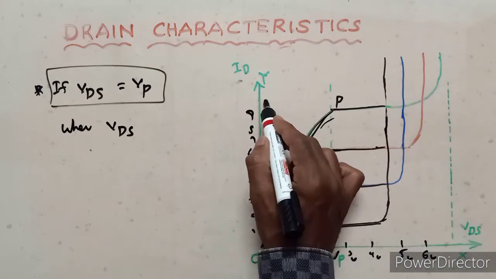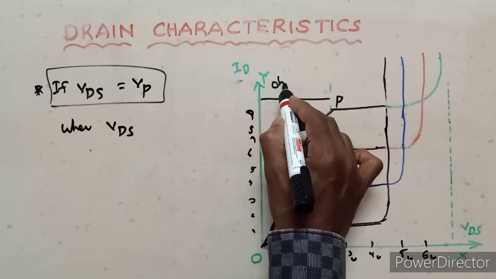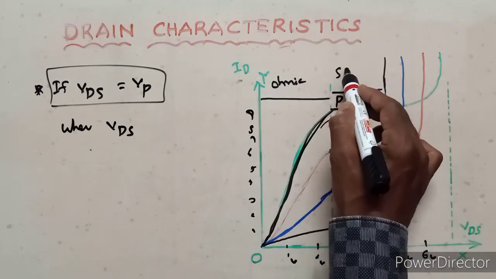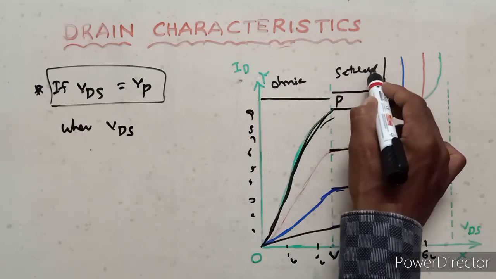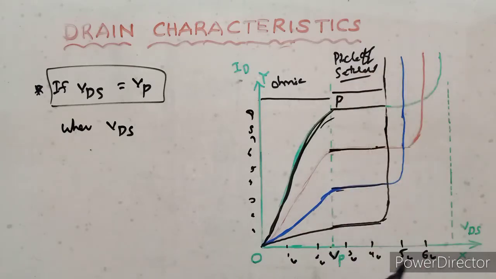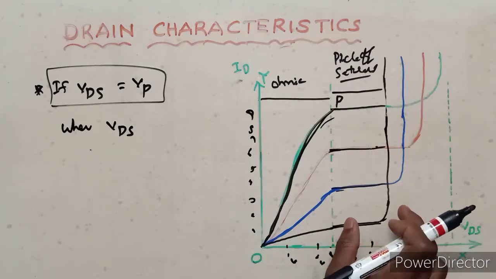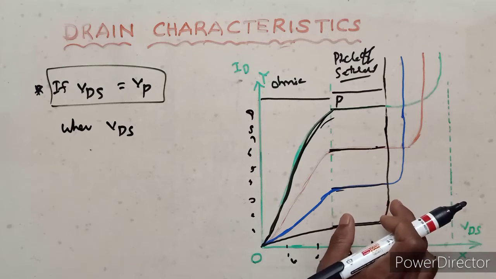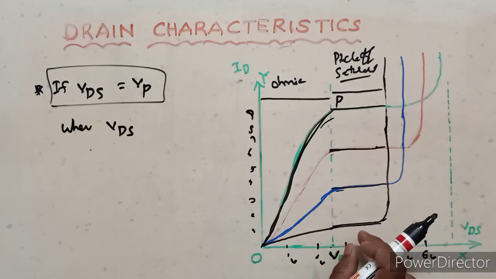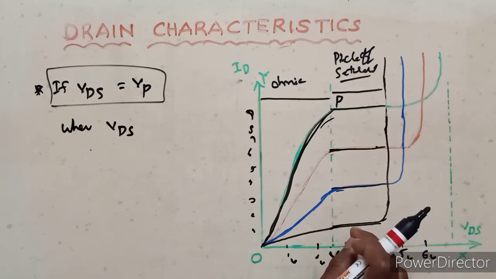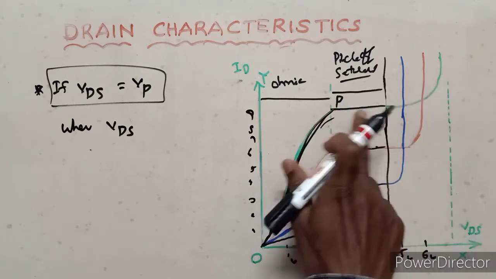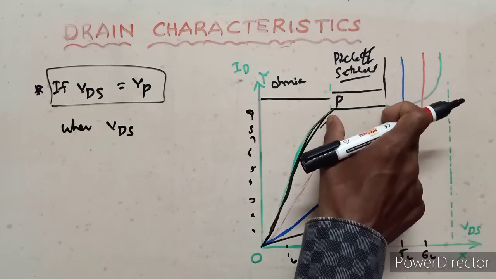This region is the ohmic region. This region is the saturation region, that is the pinched off region. This region is called the pinched off region and also the saturation region. Mainly there is no further increase of ID in the saturation region.